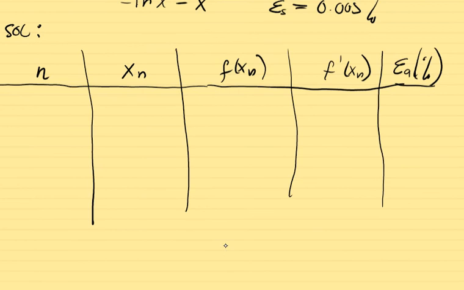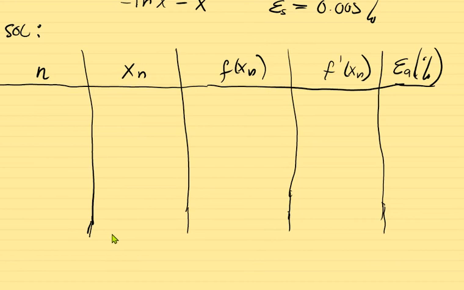So let's do this. What will be our initial guess? To minimize our calculation, it's a good practice to plot first our function so that we can approximate the initial guess closer to the root that we want.